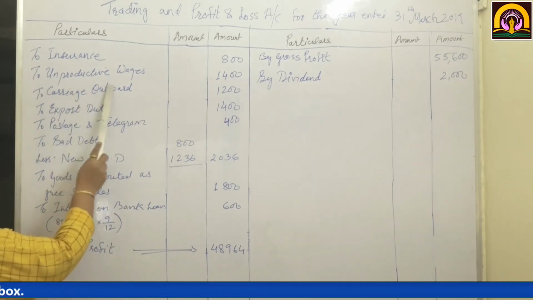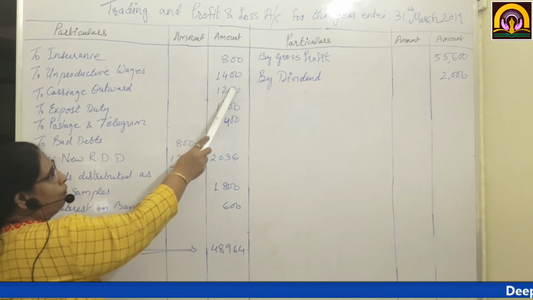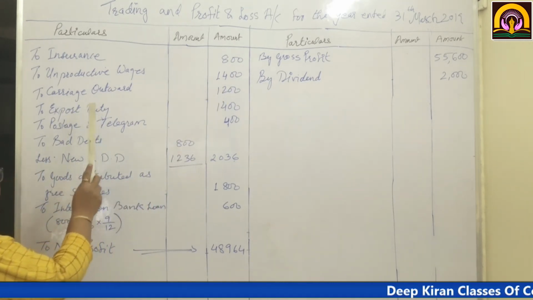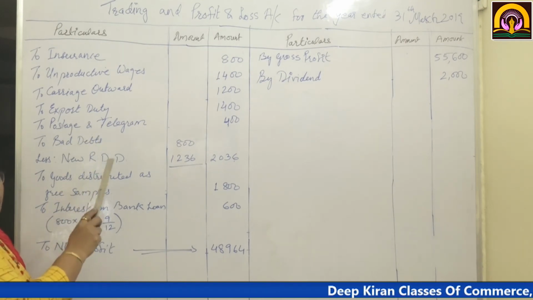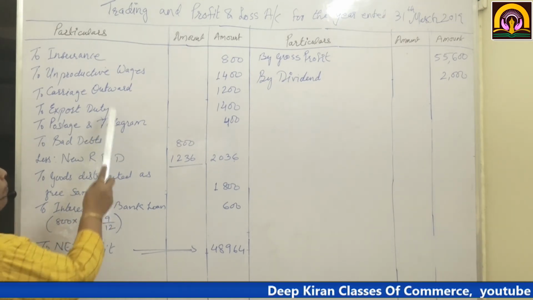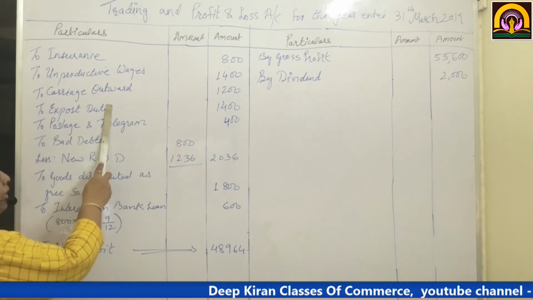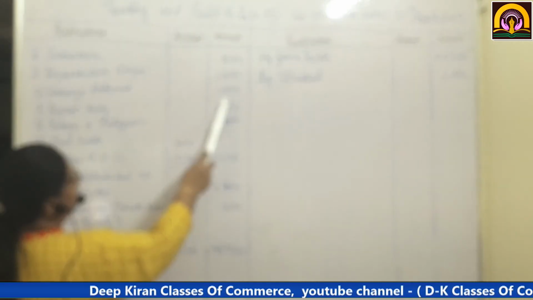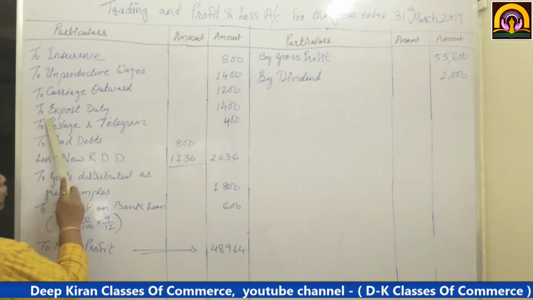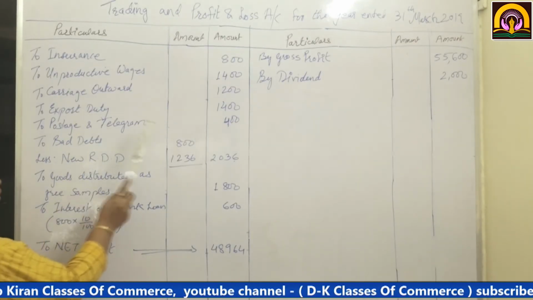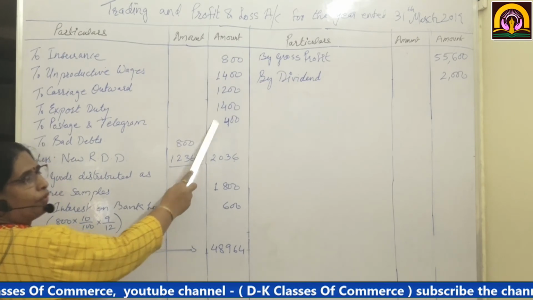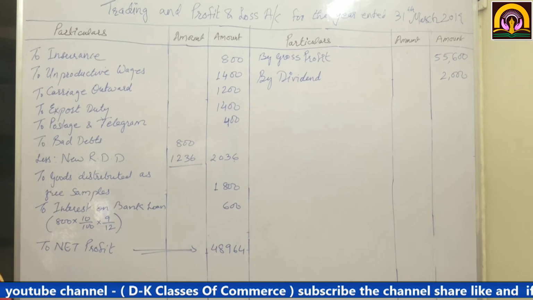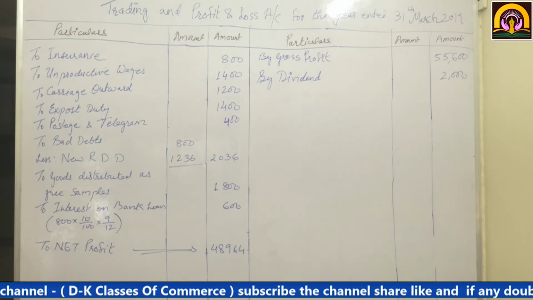To unproductive wages, 1,400. To carriage outward. See, if it would have been carriage or carriage inward, then trading account. But the word outward is appearing, so it will appear in the profit and loss account debit side, 1,200. To export duty, it is going to appear in the profit and loss account debit side, and import duty will appear on the trading account debit side.